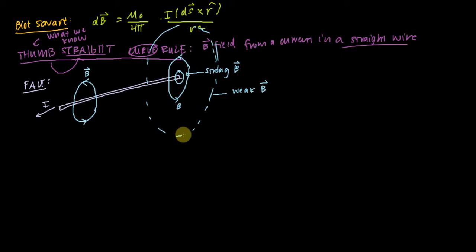So that's what the Biot-Savart law says. One thing that you may remember when we talked about the Biot-Savart law up here is that it makes a cross product. So you're probably wondering, well, Callie, if it's using a cross product, why are we using this silly curved rule?